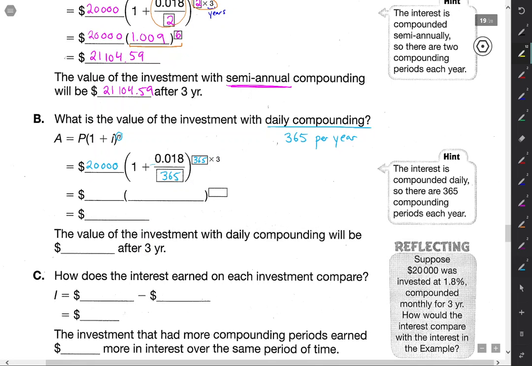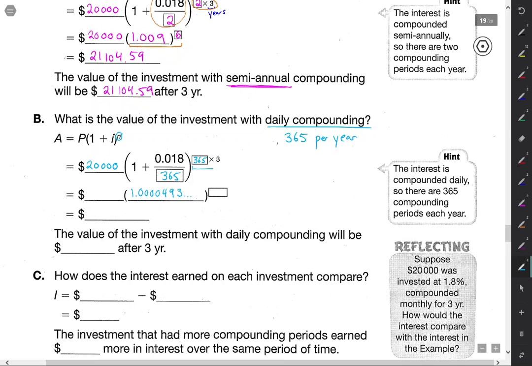So then let's continue the formula. Start with inside the brackets first. So you're going to do 0.018 divided by 365, and then you're going to add 1 to it. So that final answer inside the brackets should be 1.0000493, and then the decimal will continue going on.